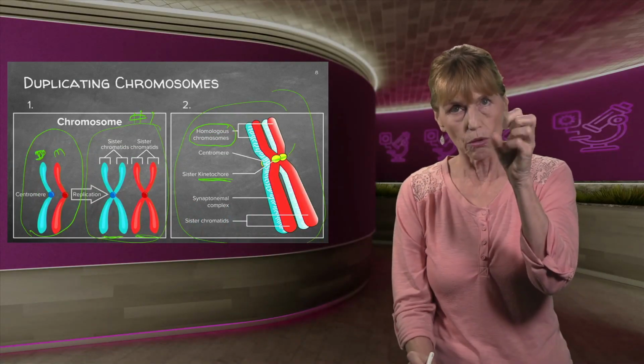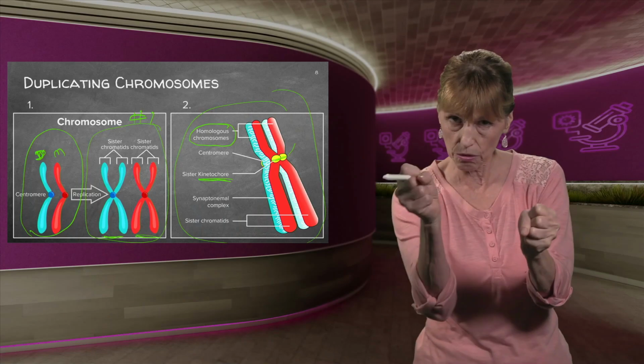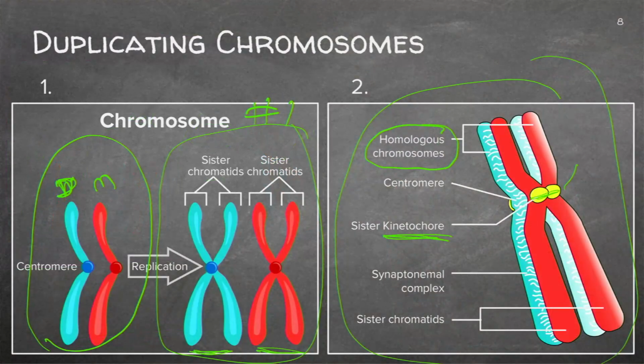The centromere is where your 2 sister chromatids of dad and 2 of mom are joined together. The kinetochores are on the outside, so you've got mom and dad, and on the outside of them they have kinetochores, which we'll see is important. Now, this is a synaptic complex, or we can call it the synaptonemal complex, which is part of meiosis later on, so it's not really that important now. And we've got our sister chromatids.